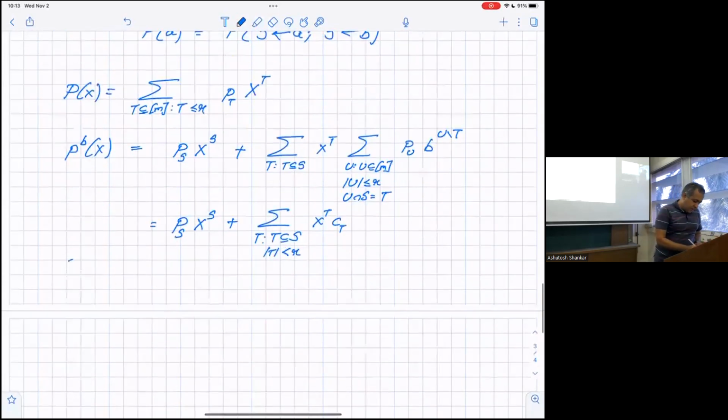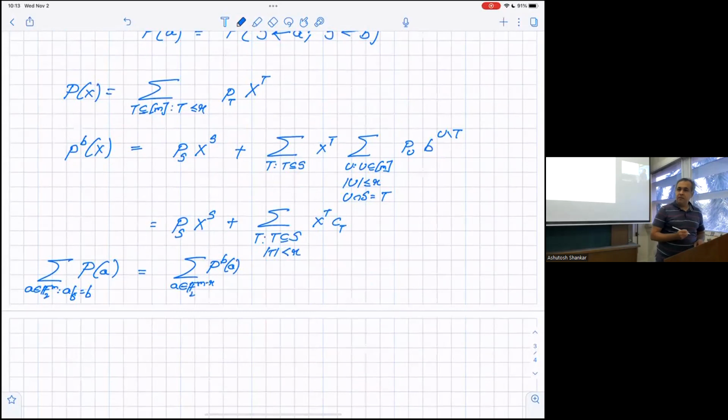So what? So we had this. You were going over F2 to the m. A restricted to s complement is b. Notice that this is just the sum over A going over F2 to the m minus r. Now what happens if I sum this?